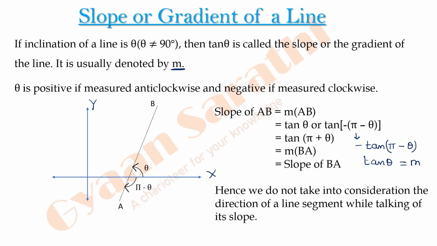In the anti-clockwise sense, the direction of the line was taken as AB. In the clockwise sense, it was taken as BA. So it does not matter, when we talk about the slope, we do not take into consideration the direction of the line segment.